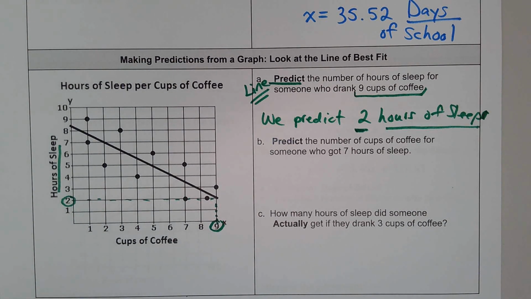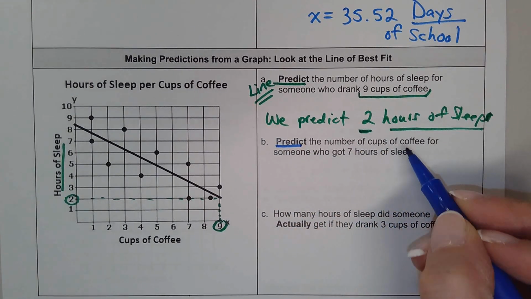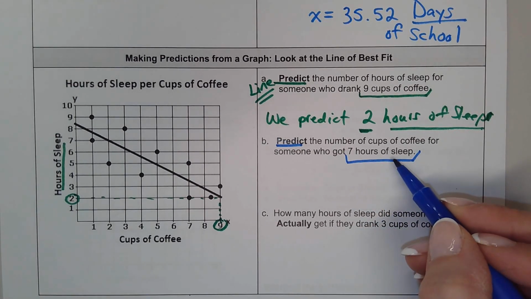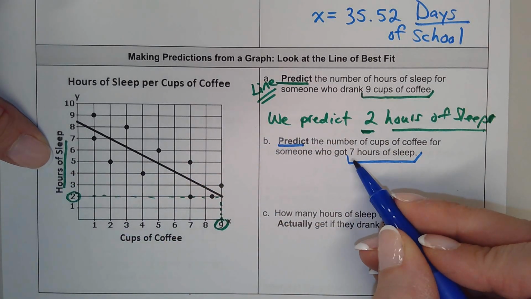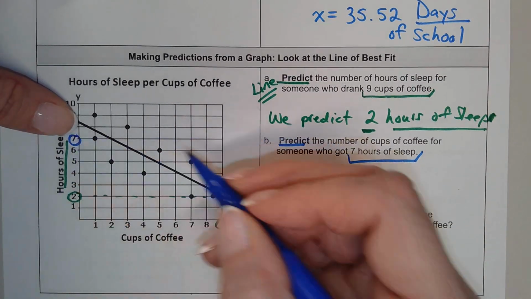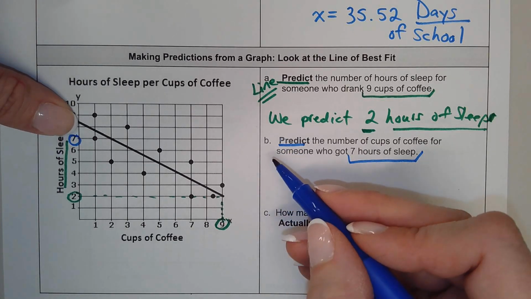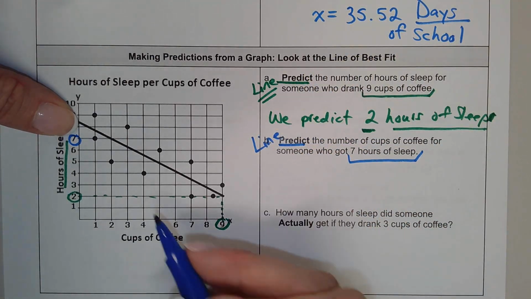Now let's do it again. They want us to predict the number of cups of coffee if somebody got 7 hours of sleep. So let's go to hours of sleep. Let's go to 7. It says predict. Do I go to the line or the dot? We're going to go to the line of prediction again.